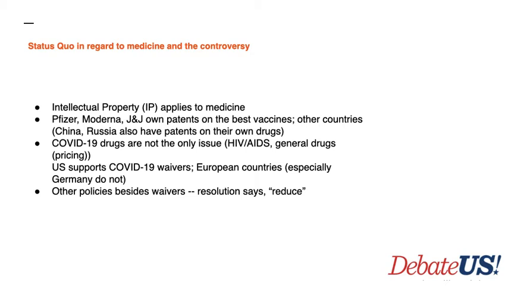Another strong advocate of this has been India. But other countries such as Germany, other Western European countries, the UK, and even in East Asia, Japan, really oppose this lessening of intellectual property rights protection. So currently, there is not a waiver on the distribution of these drugs.